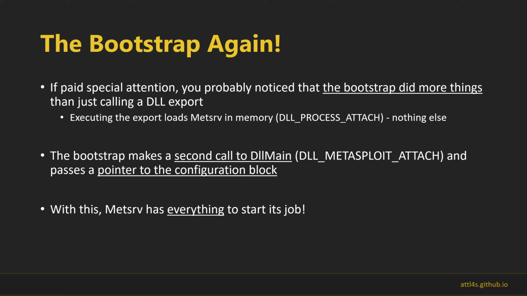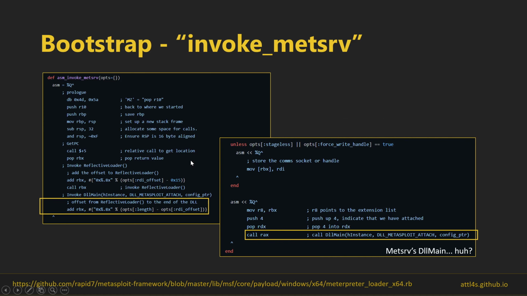So the first thing, when it executes the reflective loader export, is that it is going to load MetServer in memory, but nothing else. The second call to DllMain with a configuration block pointer is what is going to give us the Meterpreter session.